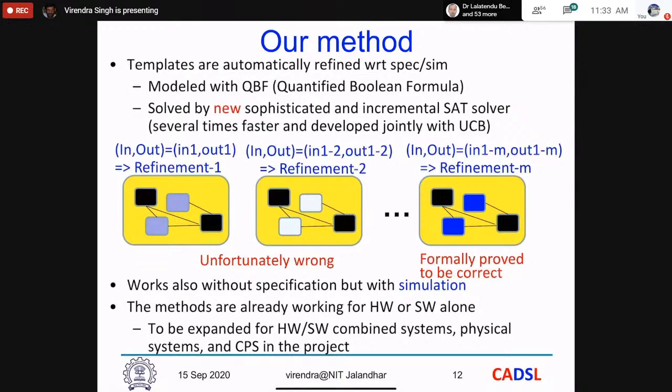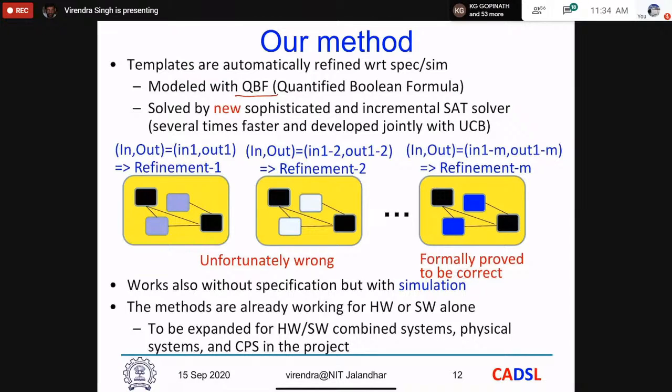So we formulate our problem as a QBF problem. I'll come to how you can formulate it. QBF is a quantified Boolean formula. It's like a SAT formula wherein some quantifiers are plugged in.